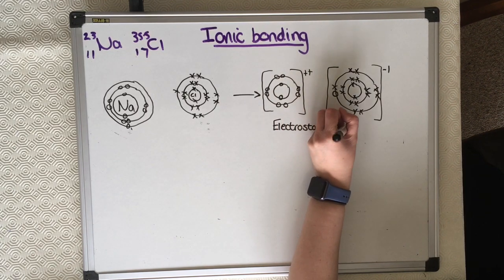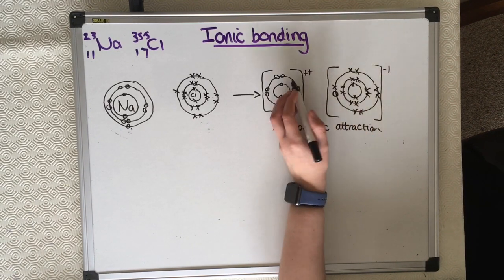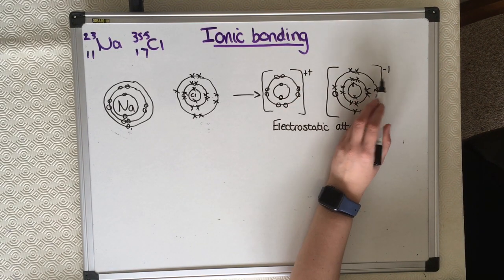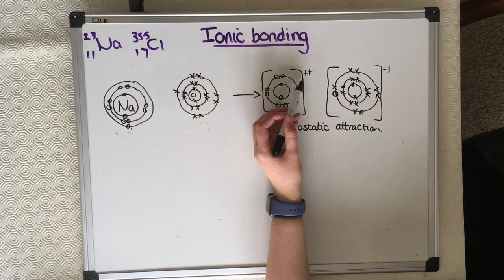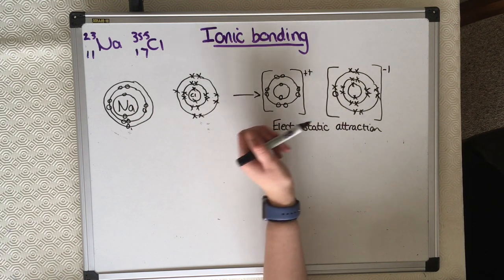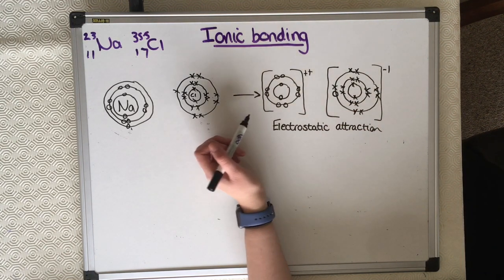Big fancy word, and all it means is that there's a positive and a negative that are pulling the two things together. These two things are attracted to each other, and they're going to stay together because of this positive and negative.